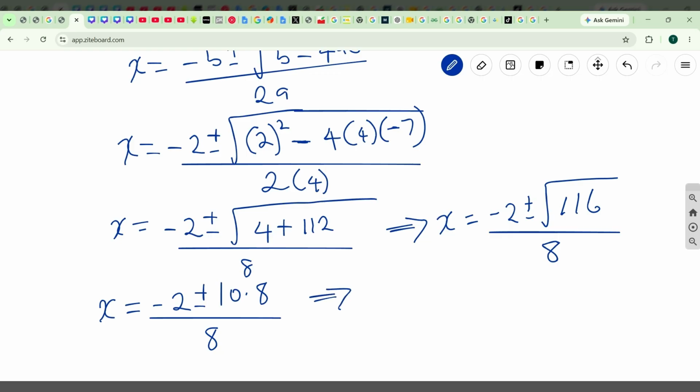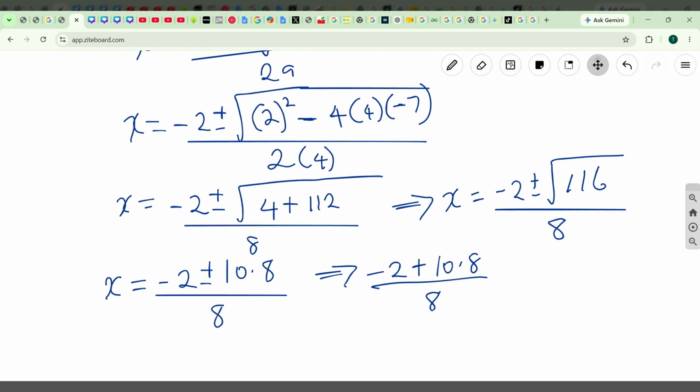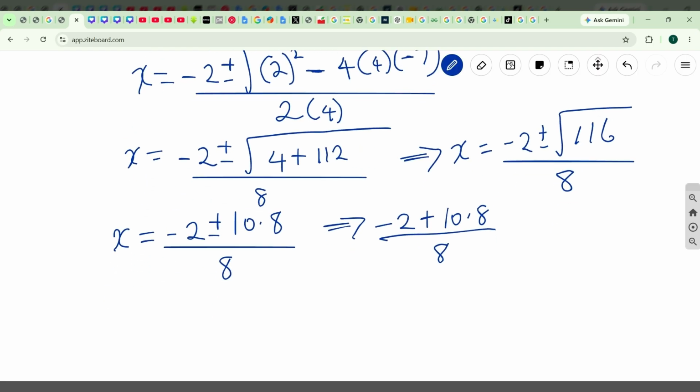So what we have here is negative 2 plus 10.8 divided by 8, that's for the first instance of being positive, or x equal to negative 2 minus 10.8 divided by 8.